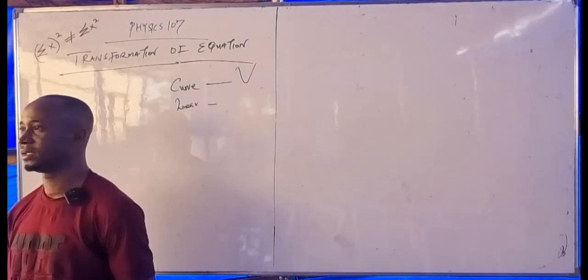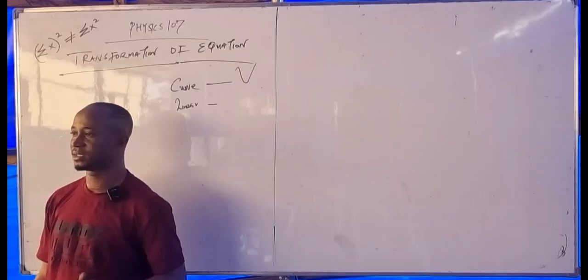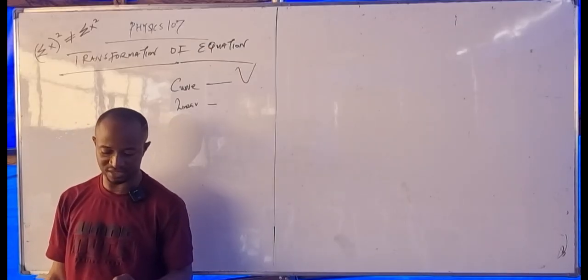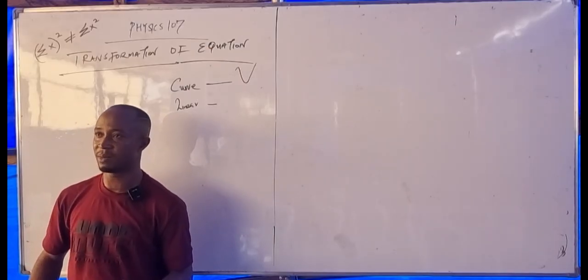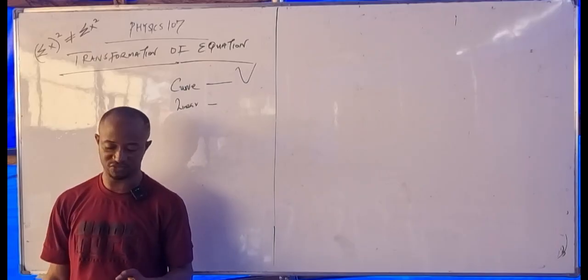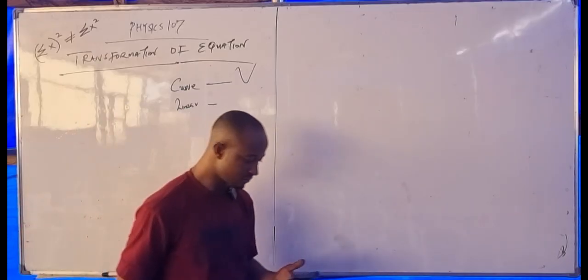So that when plotted, the graph becomes what? A straight line. So I put it down.